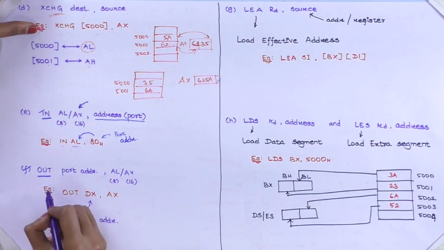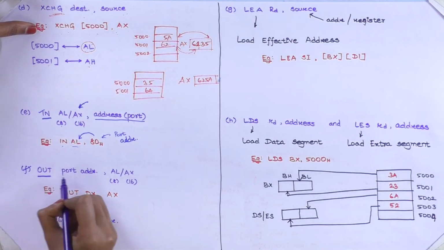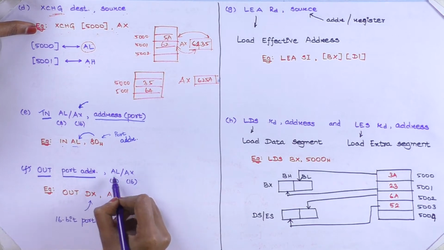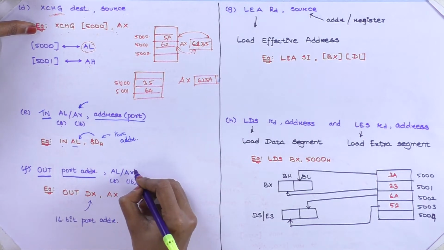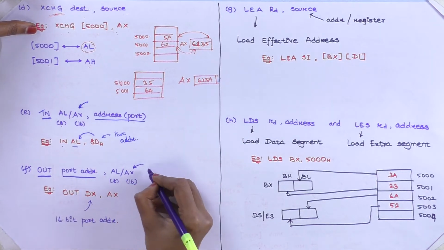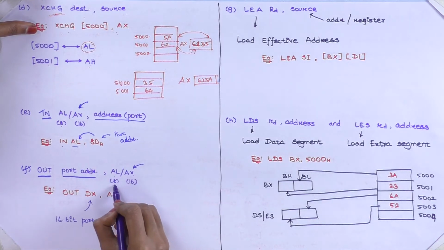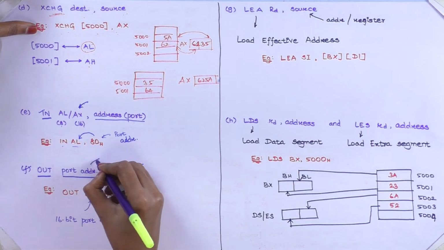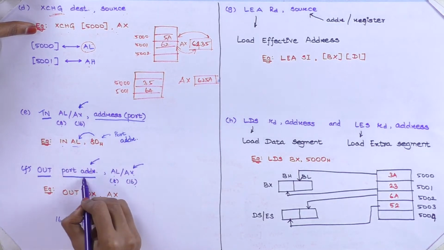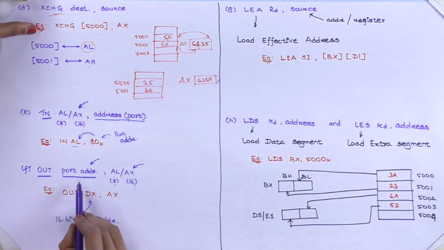Fine. So here the format will be: out, the port address comma the register that you want to transfer. The value to be transferred will be stored in AL or AX, either 8-bit or 16-bit, and then you mention the port address to which you have to send the value. This port address you can mention in two ways.